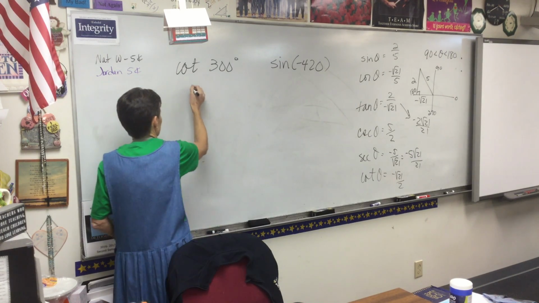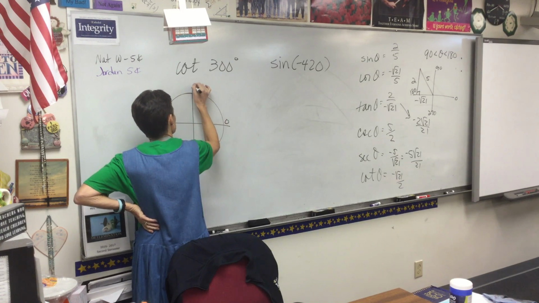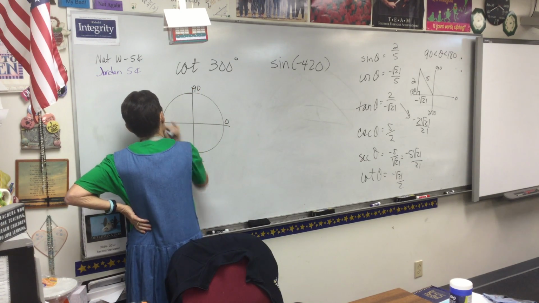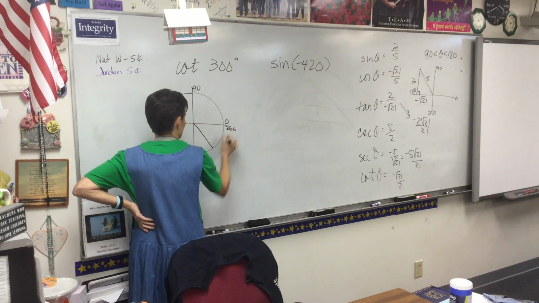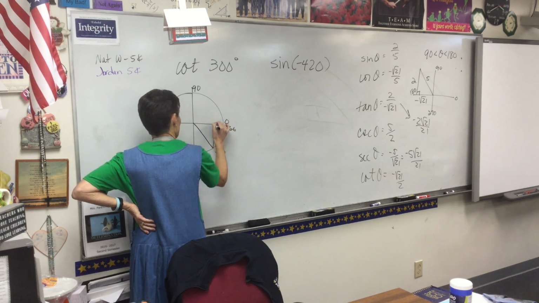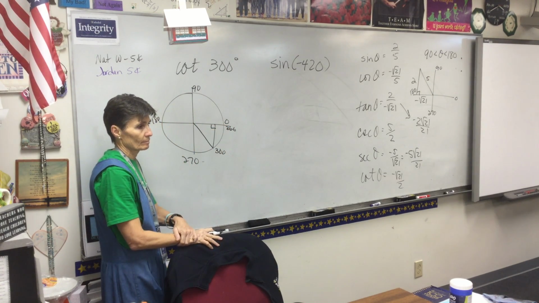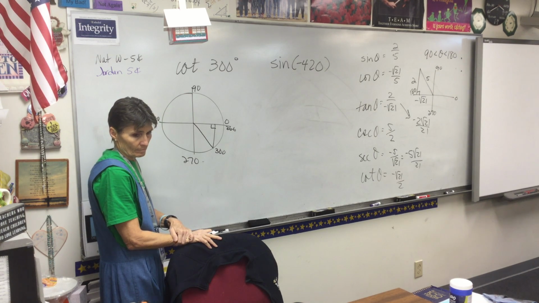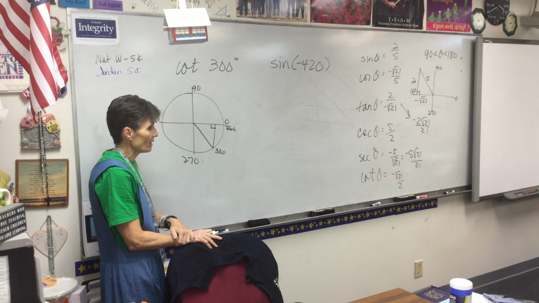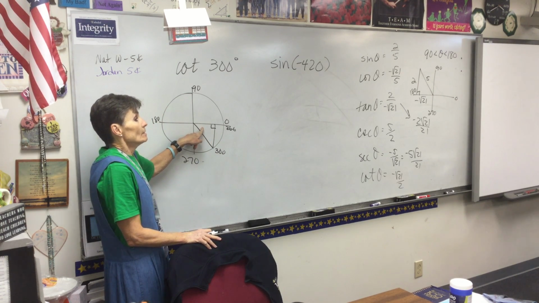First thing I do is draw a picture of that, right? Where is 300? Fourth quadrant. Very good. It's right here. This is 300. There's my triangle. Now what do I need to figure out? The angle is 30. Well, 60, my bad.